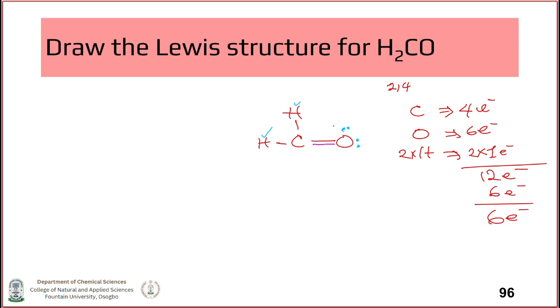So if we count now for each atom, each of them will satisfy either duet or octet. Of course, for hydrogen, duet is satisfied. For this carbon now, 1, 2, 3, 4, 5, 6, 7, 8, this is satisfied. For oxygen, octet is satisfied. And this is the Lewis structure for H2CO.